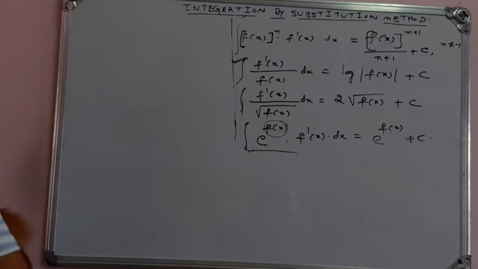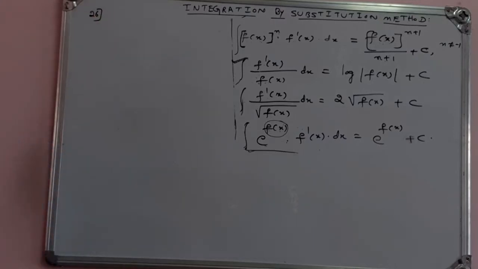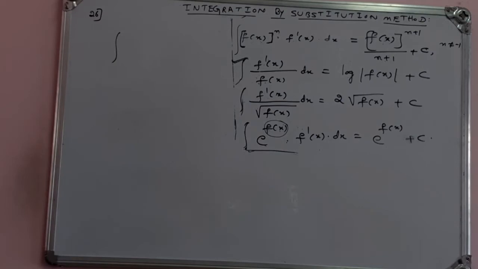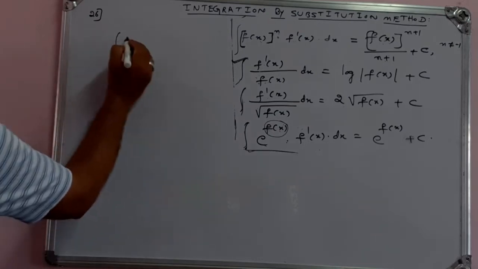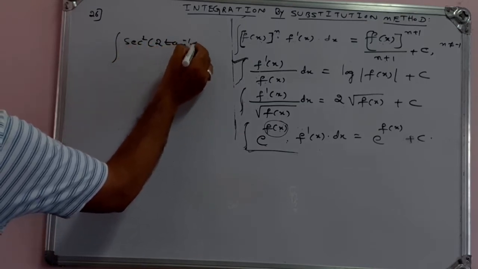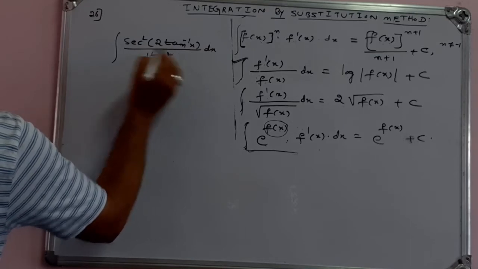Okay, 26. Integration of secant square 2 tan inverse x divided by 1 plus x square.